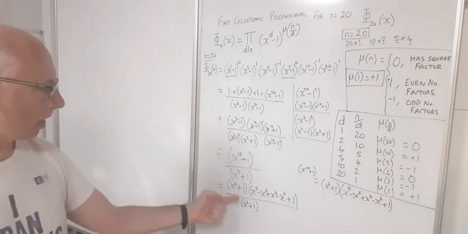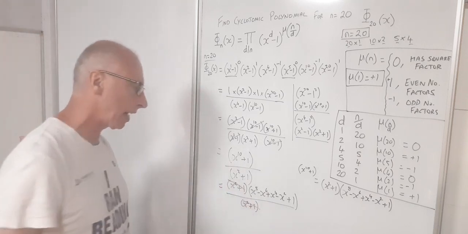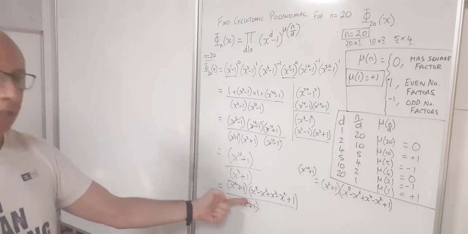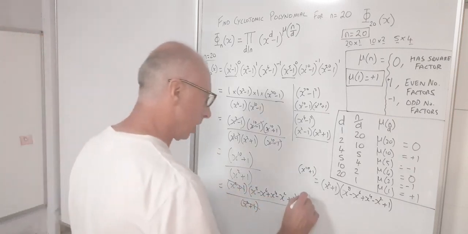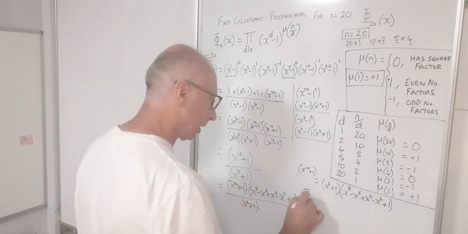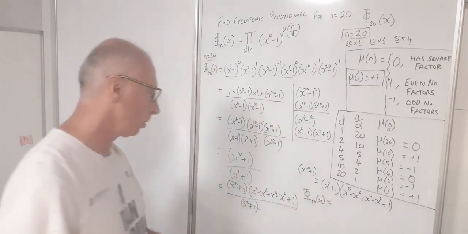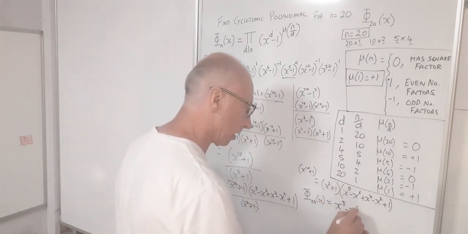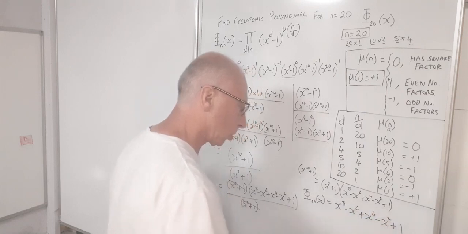And look at that, that's really helpful now, because I've got x squared plus 1 in my denominator, so they can cancel out. So my cyclotomic polynomial is all done. I know what it is. So I can write here now, capital letter phi, subscript 20 with variable x, that equals x to the 8 minus x to the 6 plus x to the 4 minus x squared plus 1.